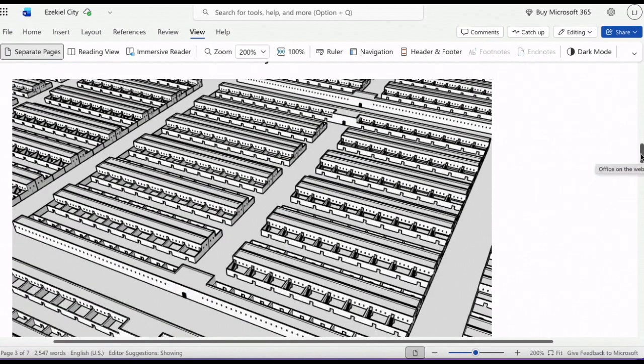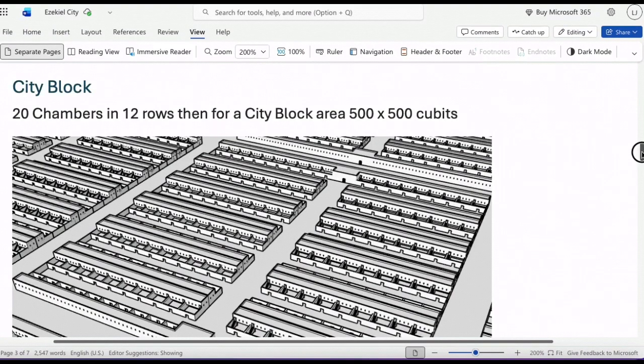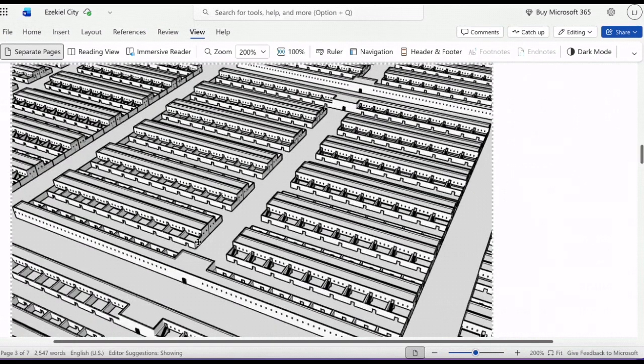Now, if you want to determine exactly how many buildings there are, how many chambers there are, what we had to do is there is 20 on the sides, okay, with the gate. And so the gate is actually operating as a chamber. But then there's a passageway that runs in between, and so we lose the number of chambers there.